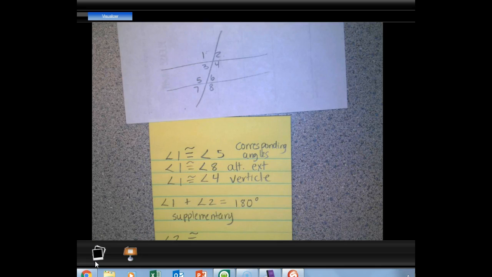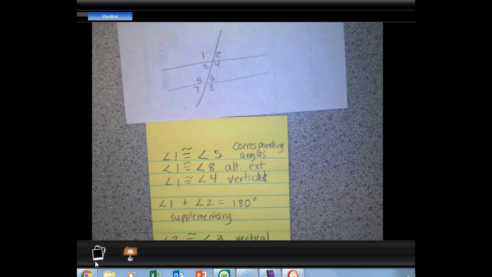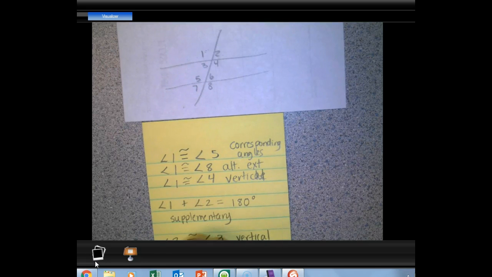So? Why? Perfect. I spelled it wrong up here. What other angle would angle 2 be congruent to?